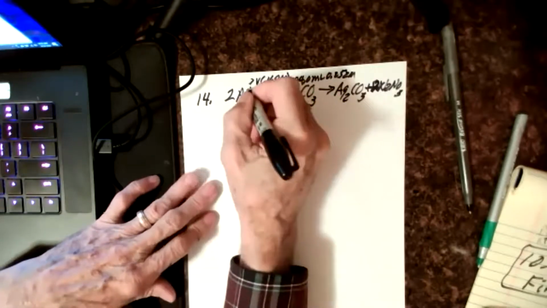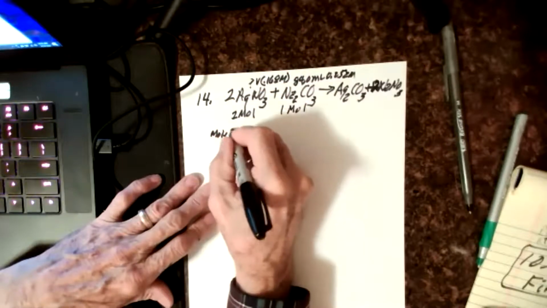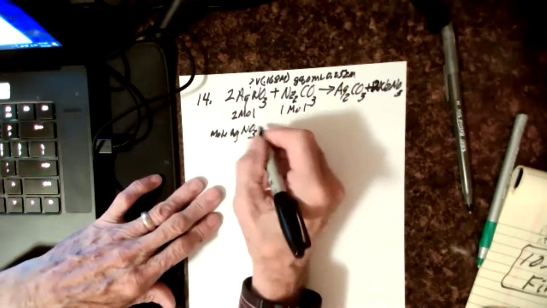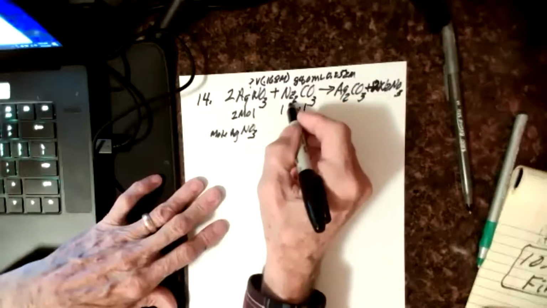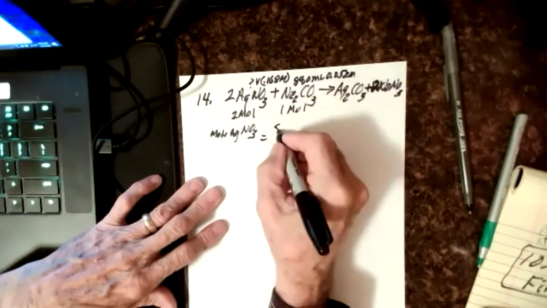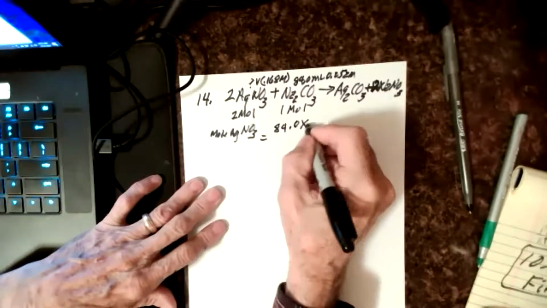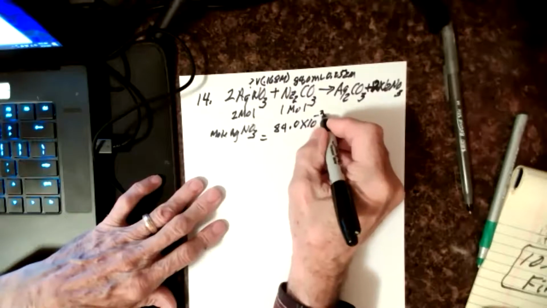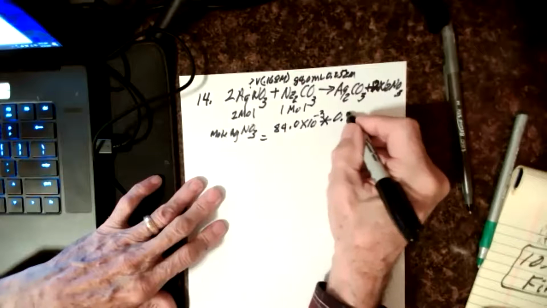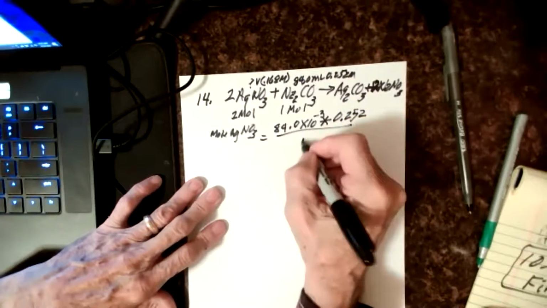So the number of moles of my AgNO3 that I'm going to need is going to be 84.0 times 10 to the minus 3 times the molarity, 0.252, divided by 1.